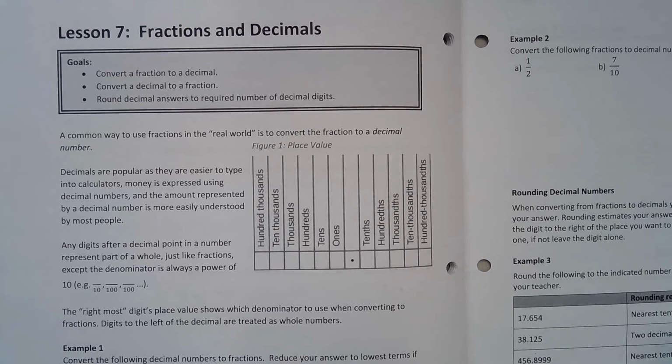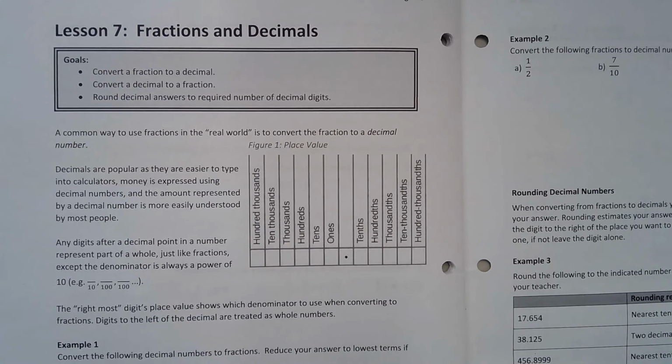It doesn't stop at a nice place. It's non-terminating, meaning it goes on forever and ever. That's where rounding becomes important. But these represent the same number. They're two different forms of the same number. That's why fractions and decimals are so closely tied.